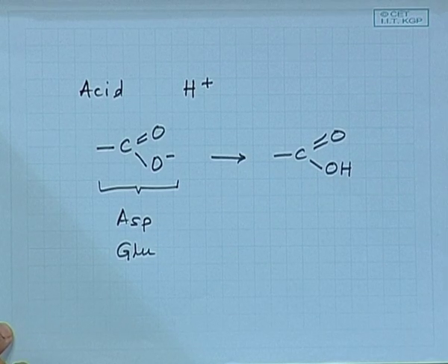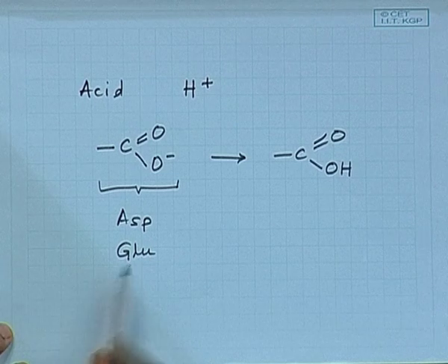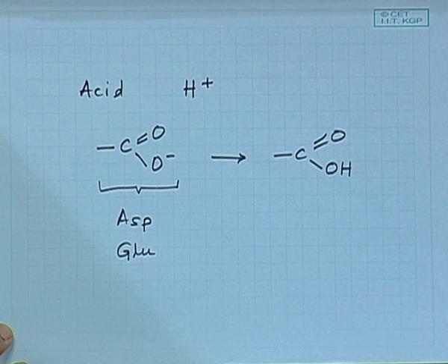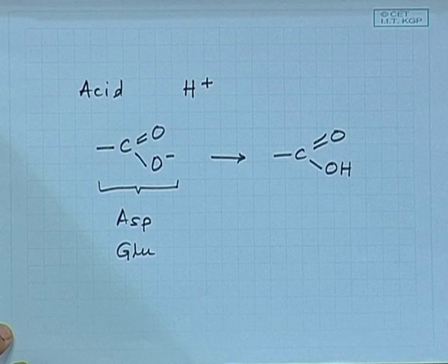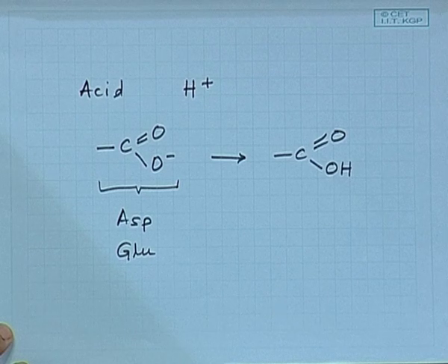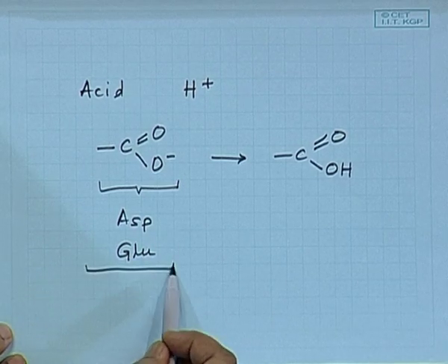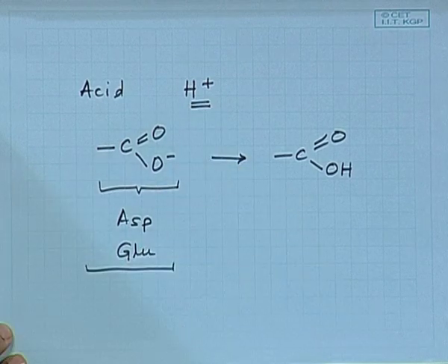Now, if this aspartic acid or glutamic acid happen to be involved in an ionic interaction with, say, lysine, what would then happen? It would disrupt the ionic interaction, right. So, we are adding acid to our protein.